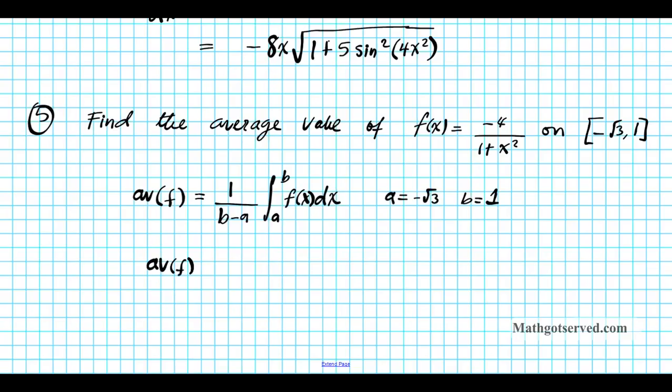So the average value of our function is going to be 1 over b minus a, which is 1 minus negative root 3, okay, times the definite integral from negative root 3 to 1 of the function negative 4 over 1 plus x squared dx. Okay?